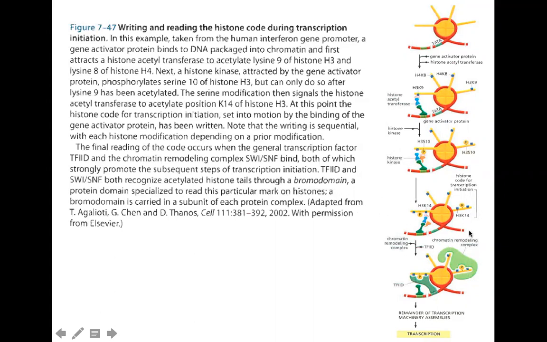This can be read by the general transcription factors or other chromatin remodeling complexes. This is what we call the histone code for transcription initiation that you have on H3: S10 is phosphorylated and K14 is acylated.